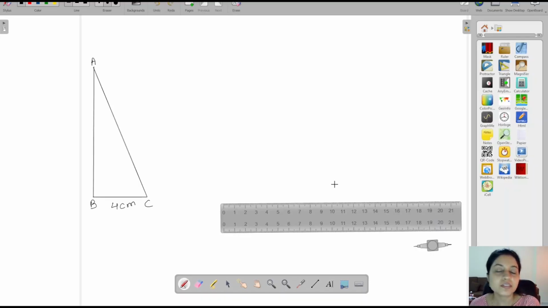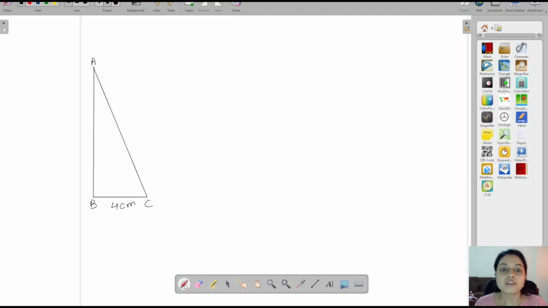Now let's take a triangle ABC where the length of BC is given as 4 cm, and we have to draw a triangle which must be congruent to triangle ABC. Since we know only one length, the possibilities are: we can draw one of the sides of the triangle, let's say PQ, as 4 cm, and the other sides can be like this.